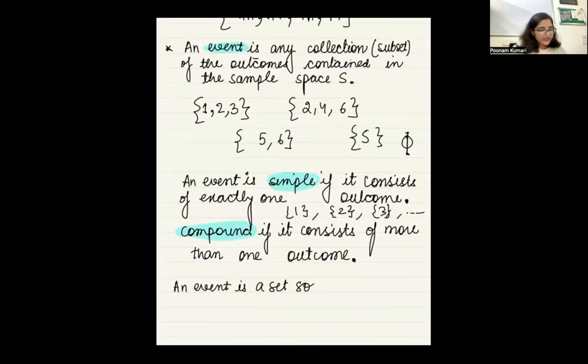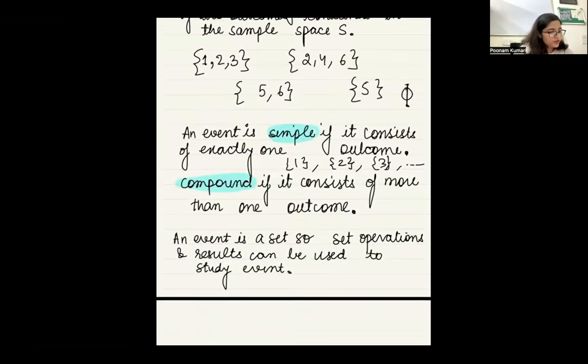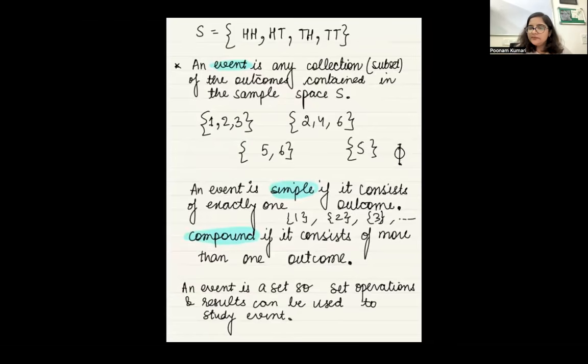Because an event is a set, any set-related operation and results can be used to study events, multiple events. So far so good. All the definitions are fine. More definitions coming up.